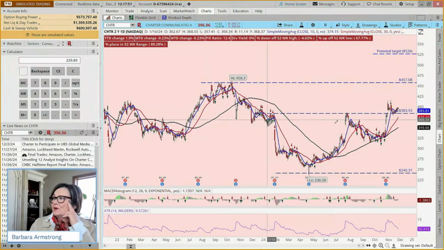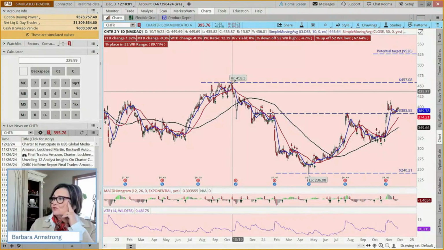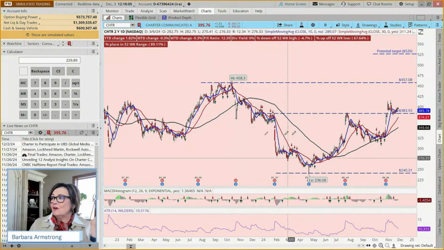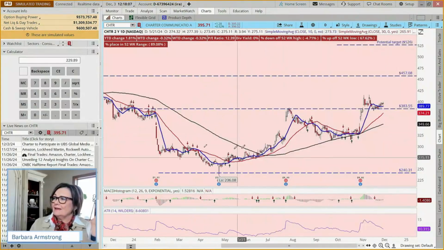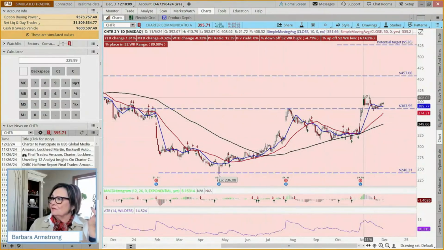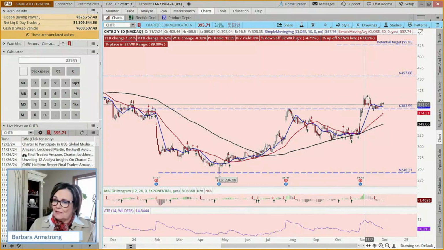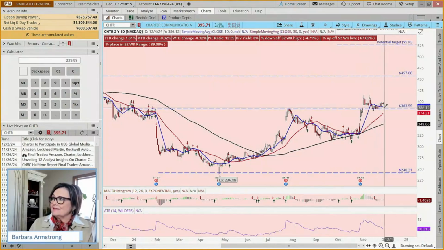And does that seem unreasonable given the depth of this pattern and the potential target that some might see as a result of this pattern? No, we could trade it back to that previous high. Now, could we also say, well, hey, it's broken out. It broke out back here on November 6th, almost a month ago. And for the last month, it stayed above this 383.